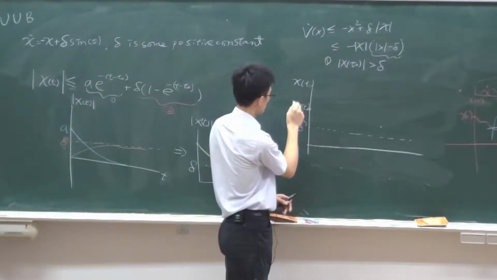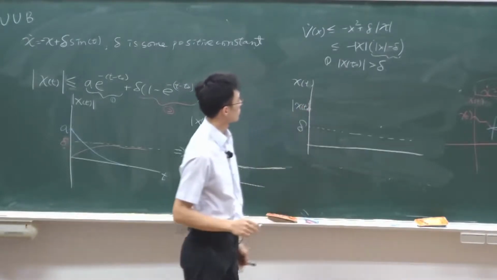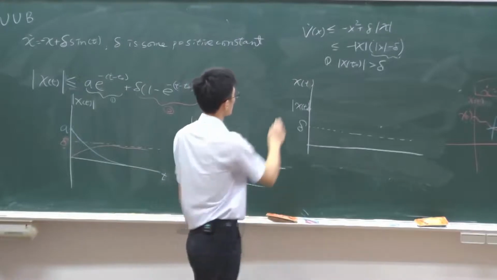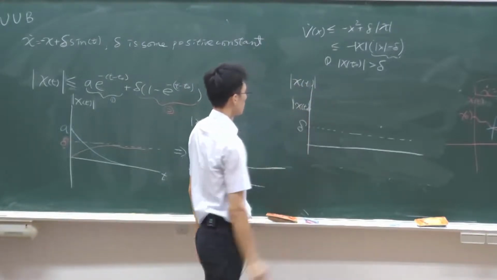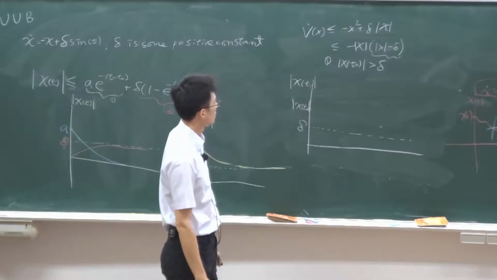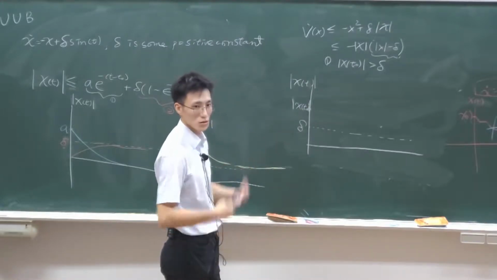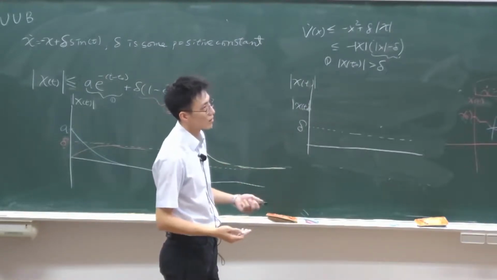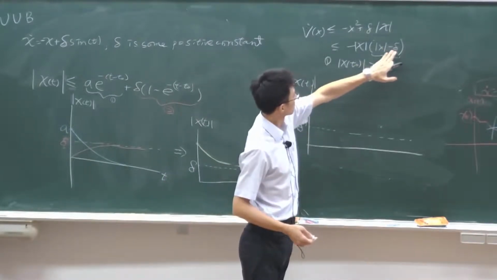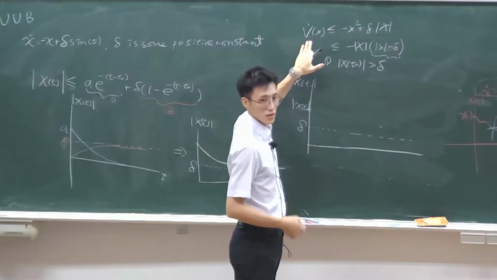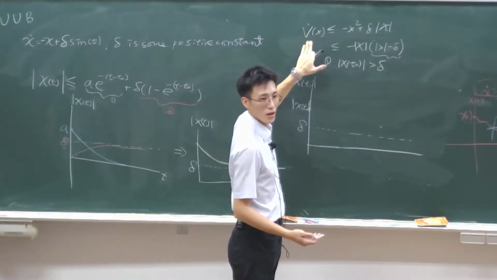For V, x norm. This is x norm. So will it decrease or increase? If this is greater than this, V dot will be negative, right?